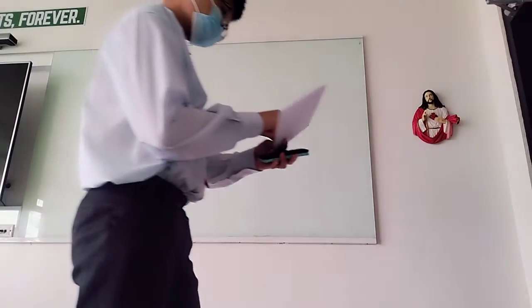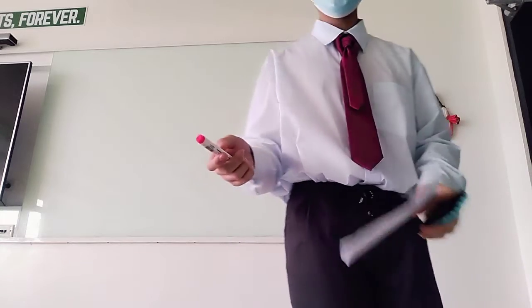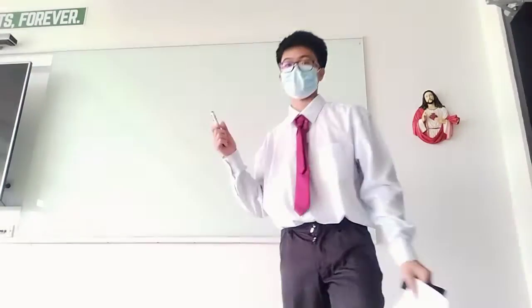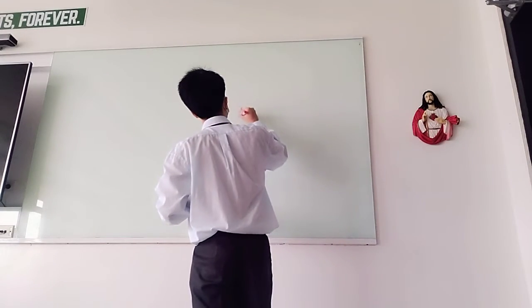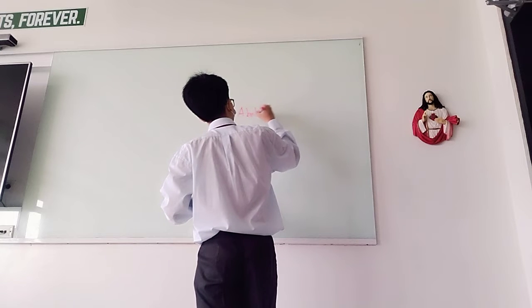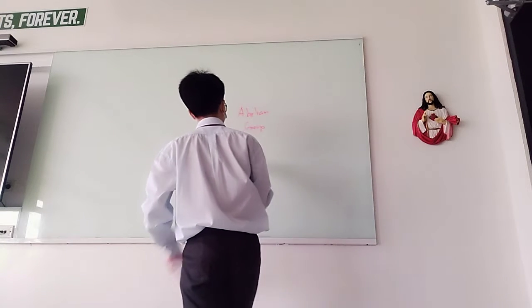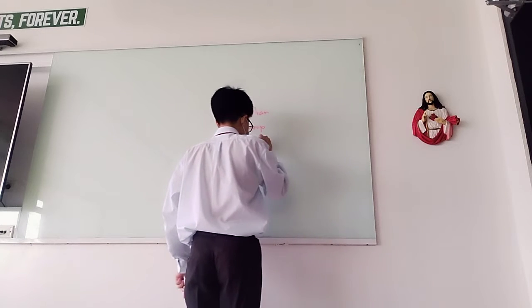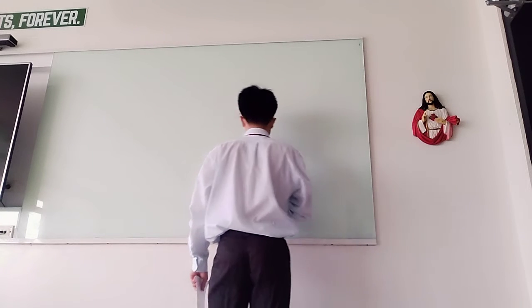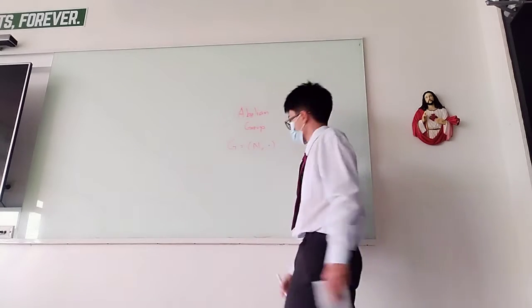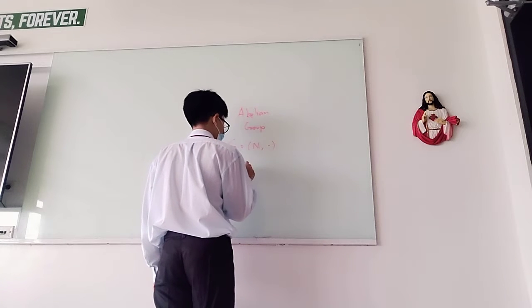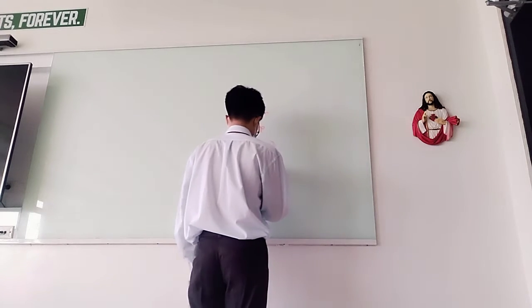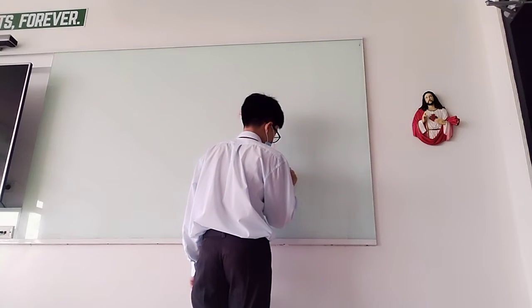Great guy. So yesterday I continued my lecture on groups and talked about the abelian group, which is a group G equipped with a multiplication operation such that for all a, b in G, ab is equal to ba.